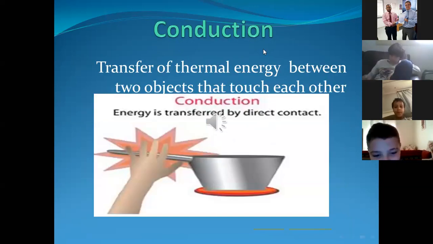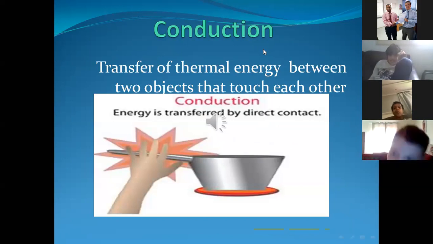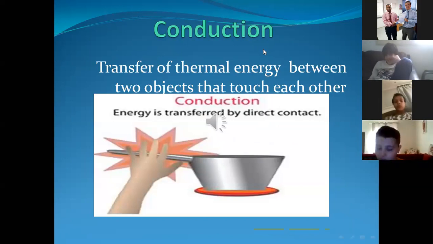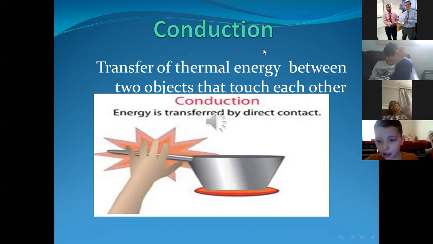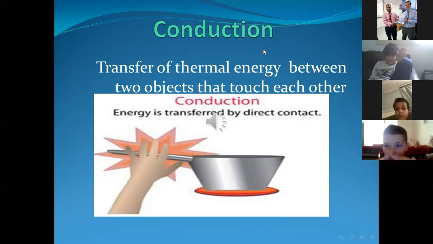Just to ask, I choose someone to ask. Adnan, thermal energy transfers from where to where? From warmer object to cooler object, or from cooler to warmer object? Who can answer the question?